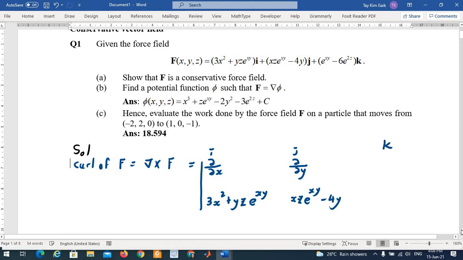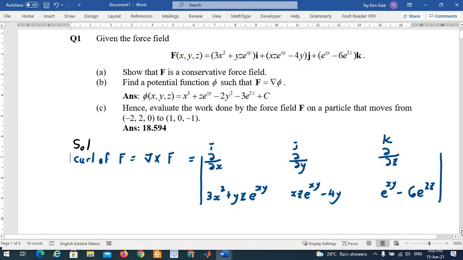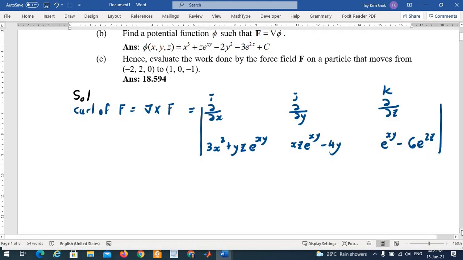Component k for del is del z, and the vector F component k is e^(xy) minus 6e^(2z). Then you have to show that the curl of F gives the 0 vector.